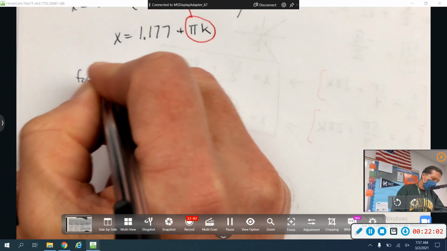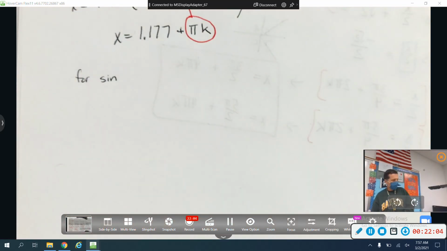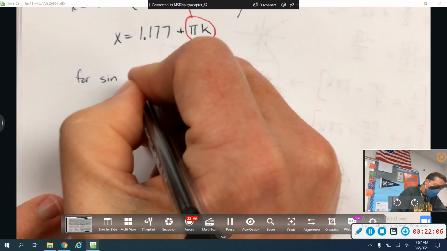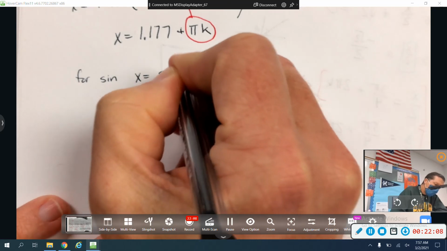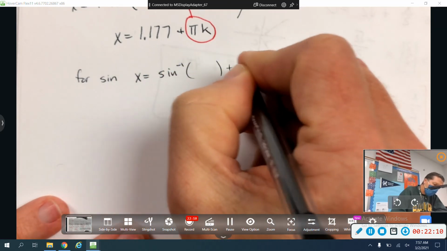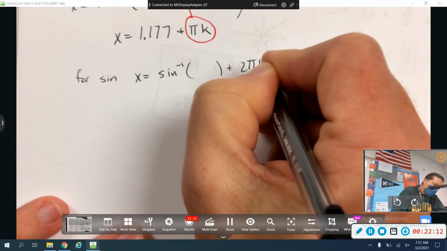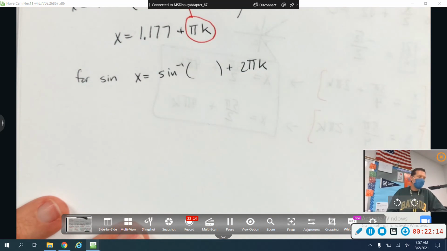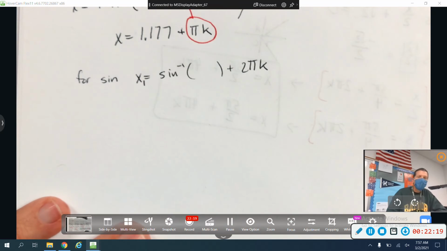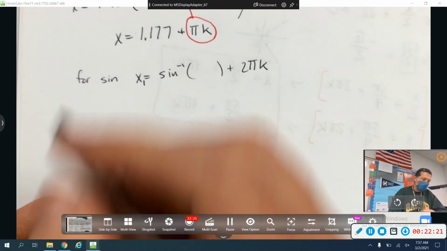Let me see if I can summarize. We've already said all of this. For sine problems, x is equal to inverse sine of whatever plus 2 pi k. In fact, we'll say that's x1. That's the first answer that the calculator gives you.